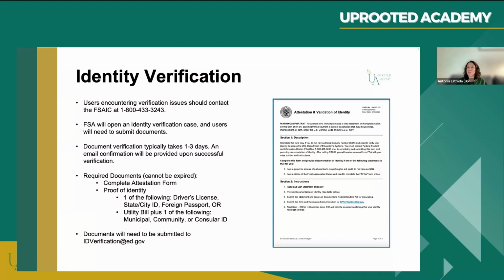Currently, the form is available only in English, but should be available in Spanish by February 5th. FSA will review an individual's submitted documentation and signed form, and if there's a successful match, the individual will receive an email indicating their identity has been verified and that they may now use their FSA ID to log in and complete the FAFSA.